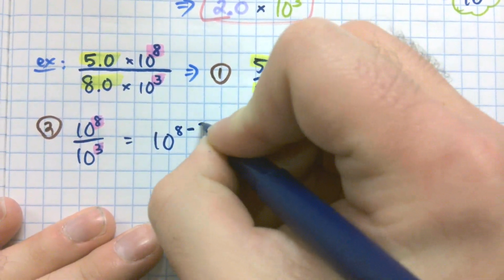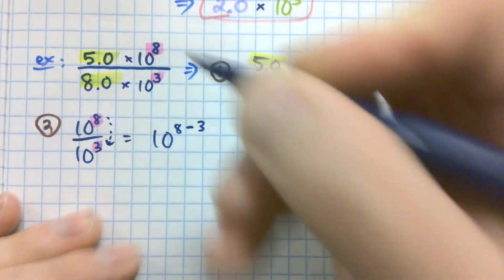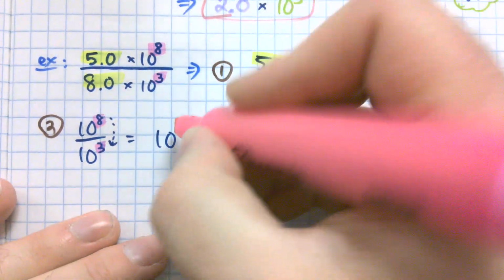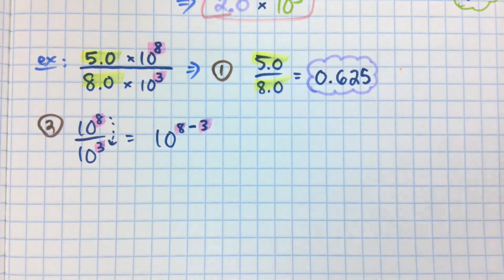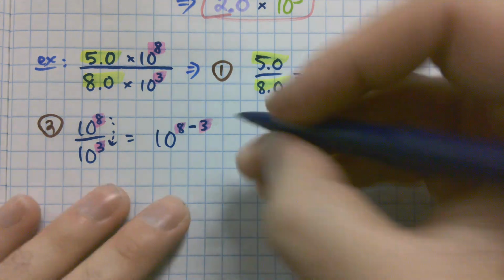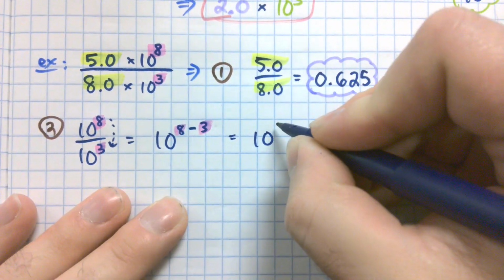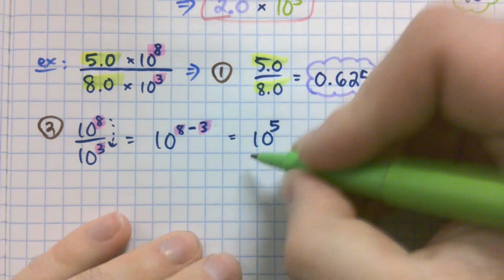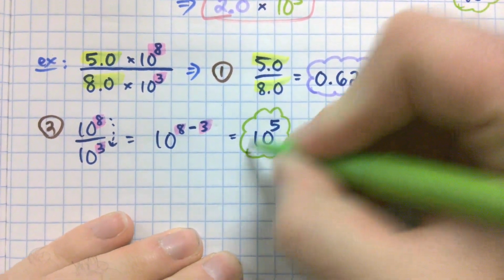Subtract, 10 to the 8 minus 3. Remember, top exponent minus bottom exponent every single time. Subtracting down gives us 10 to the power of 5. Good. That's going to be our new power of 10, or so we think.